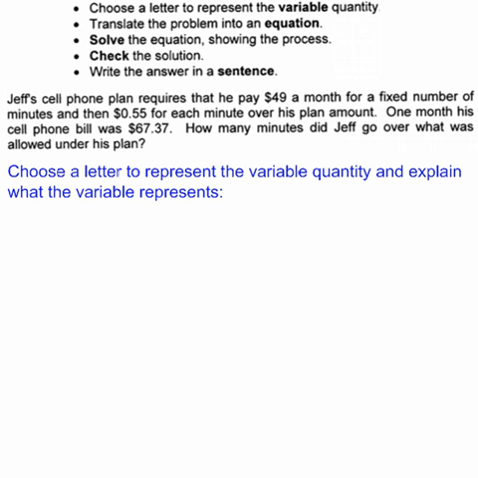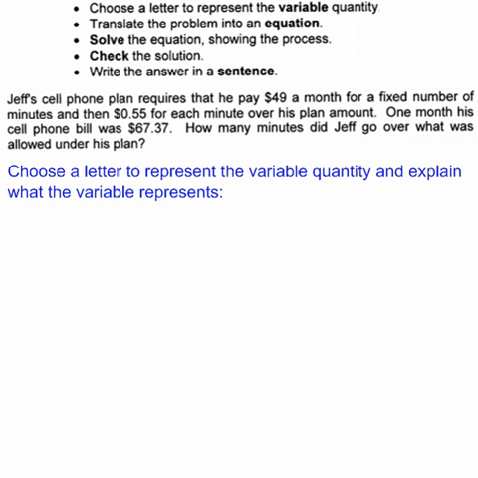He's paying a $49 amount for a fixed number of minutes, and then if he goes over that, he's paying 55 cents for each minute over. And then those put together give us the total cell phone bill. So when we're working out the equation, we have to think about how those numbers relate.